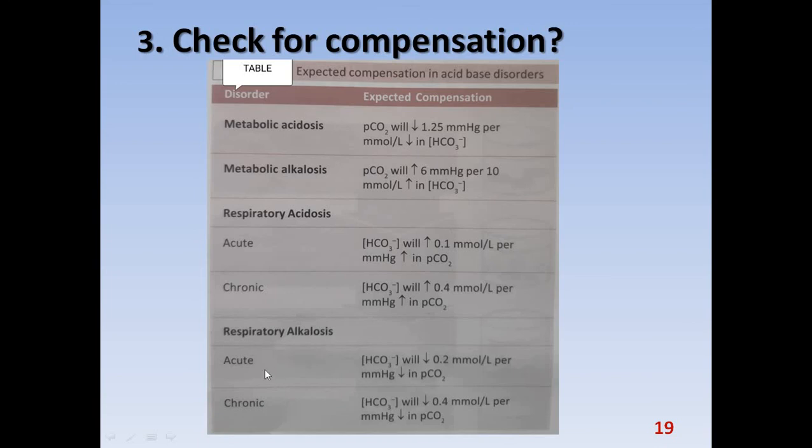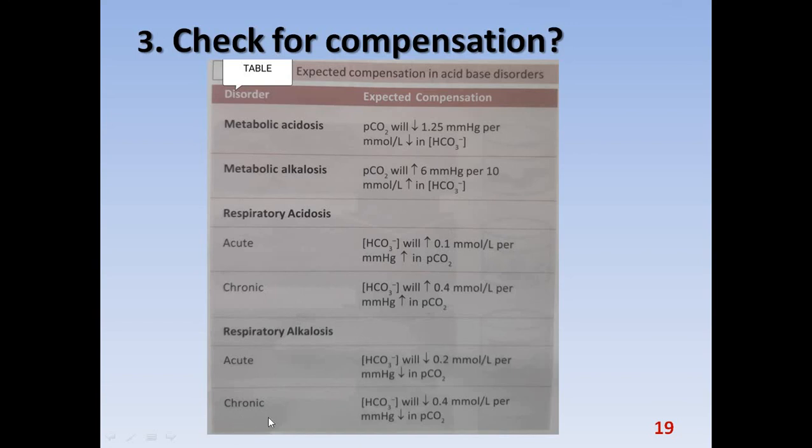Now we'll go to respiratory alkalosis. In acute phases, the expected compensation is that bicarbonate will decrease 0.2 millimole per liter per mmHg decrease in PCO2.